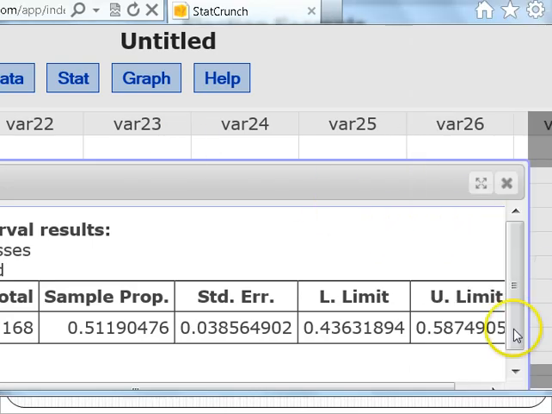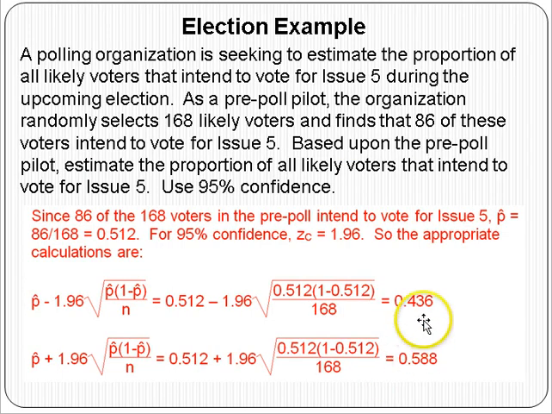The upper and lower limits, 43.6% to 58.8%. So you can easily check your work with StatCrunch.